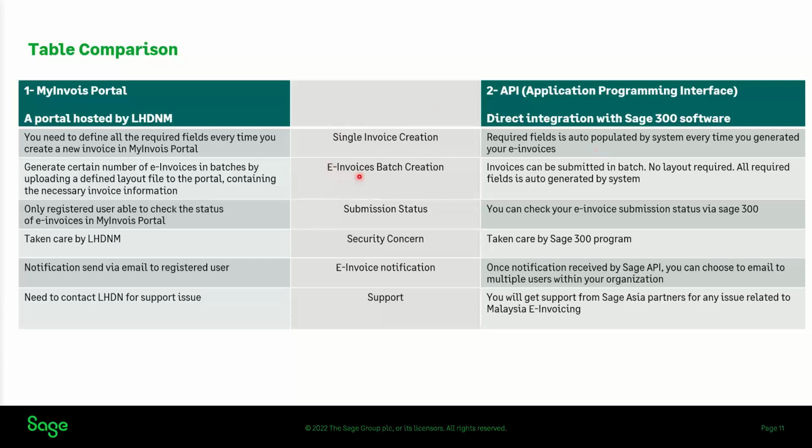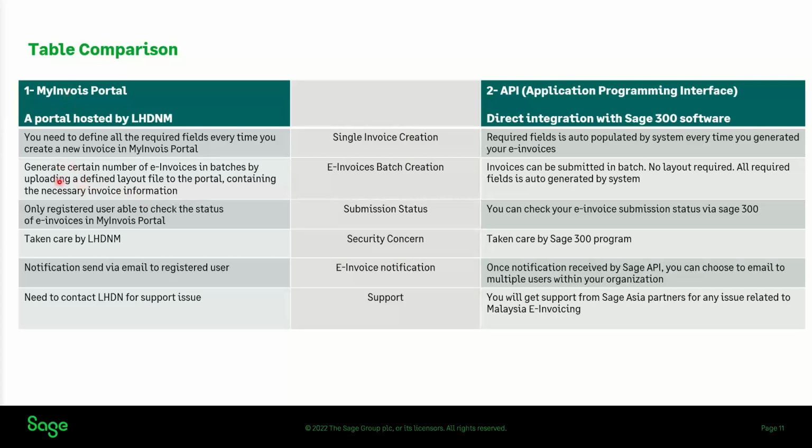The second criterion is e-invoice batch creation. According to LHDN, batch creation for e-invoices is allowed, but if you're using the My Invoice portal, LHDN provides a defined layout file. You need to download this layout and fill in all the necessary invoice information.